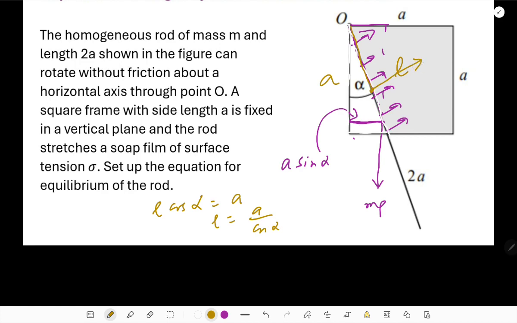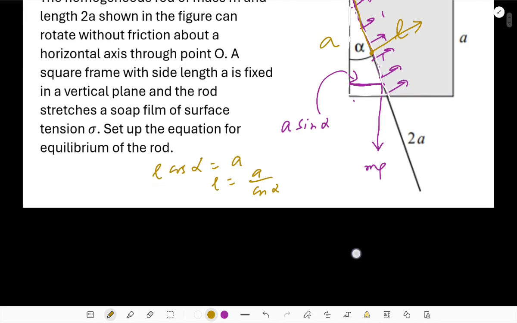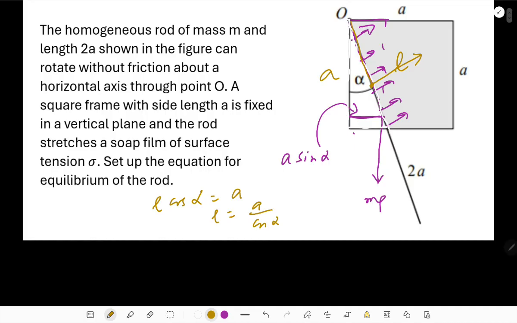So to find the torque of the force of surface tension, I simply needed the half length of L. The whole force due to surface tension can be assumed to be concentrated here, and this is easy to write because the torque of gravity about point O is clockwise, and the torque produced by the force of surface tension about point O is in the anti-clockwise direction.